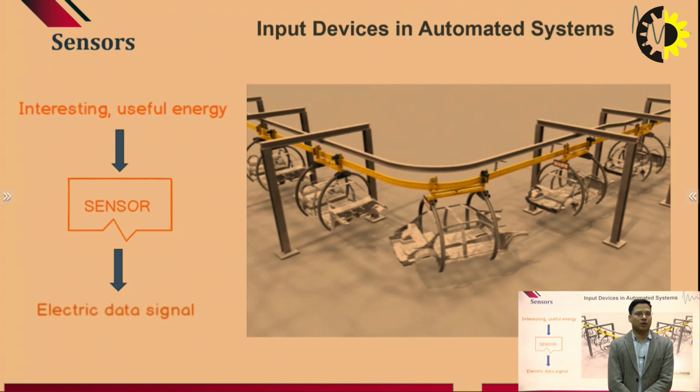When we try to understand how this automation actually takes place in any car manufacturing unit, here in the picture inset we can see the assembly line of a car unit.